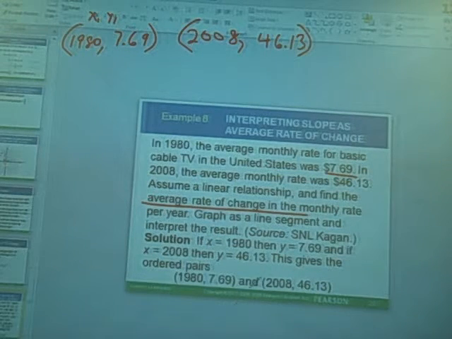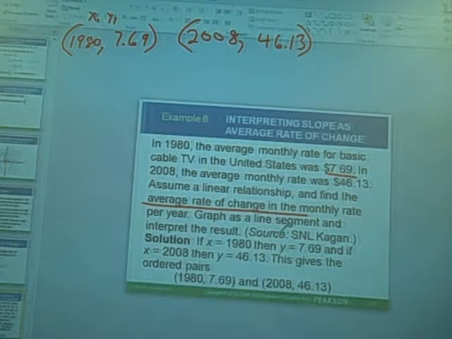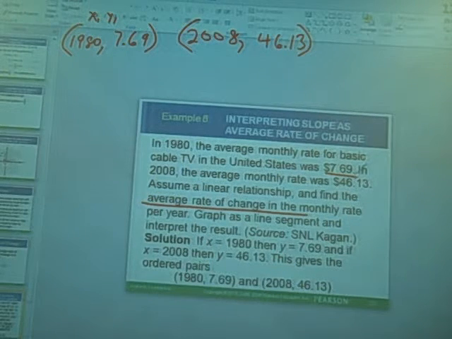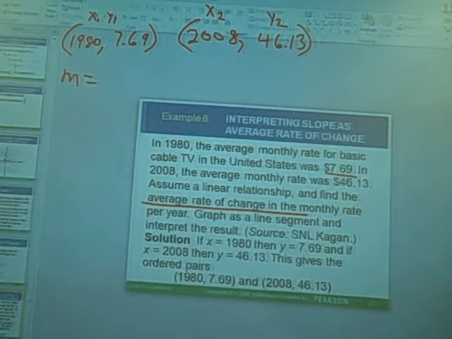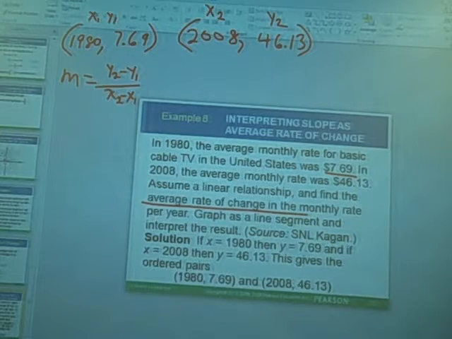So what are we looking for here? The average rate, which is what? The slope, good. We're looking for the slope. So this would be x1, y1. This would be x2, y2. Given our slope, it helps to write this down: y2 minus y1 over x2 minus x1.